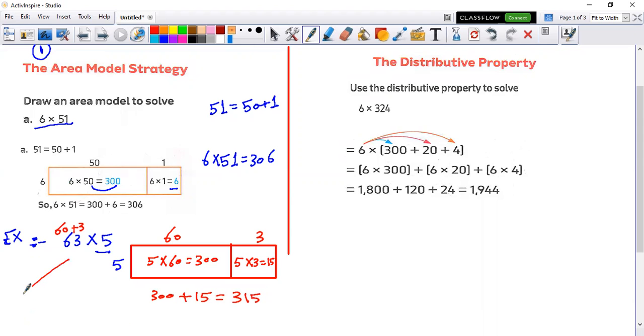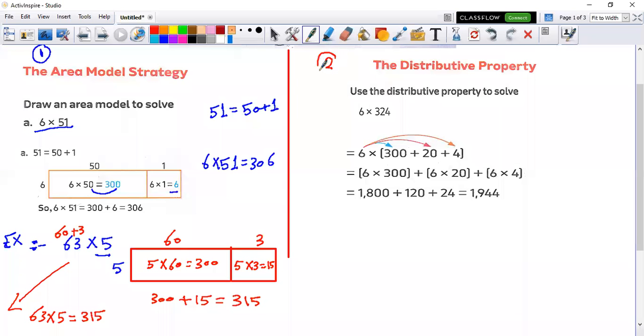Therefore, 63 times 5 equals 315. This was the first strategy for multiplication.